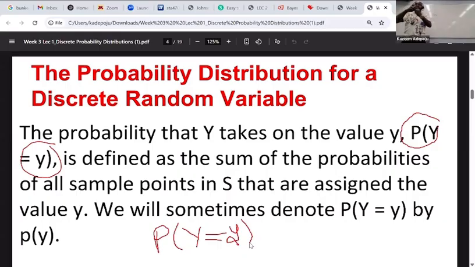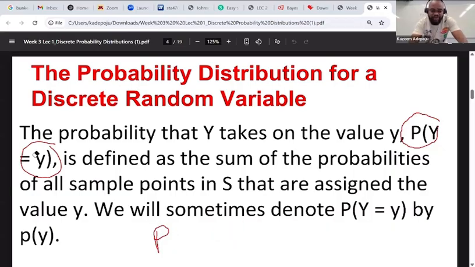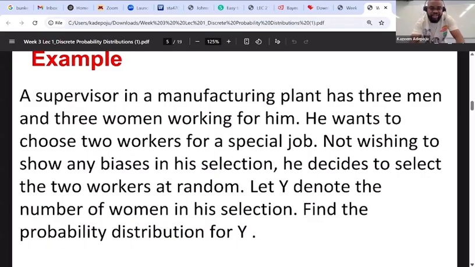So for every discrete random variable, we actually want to have a probability associated with it. That's our motive, and that's how we write it. I need you to pay attention to all of this. We want to figure out the probability associated.